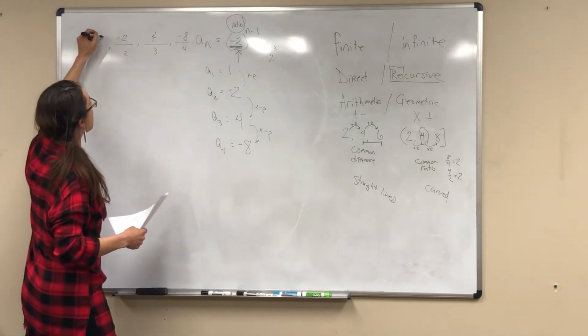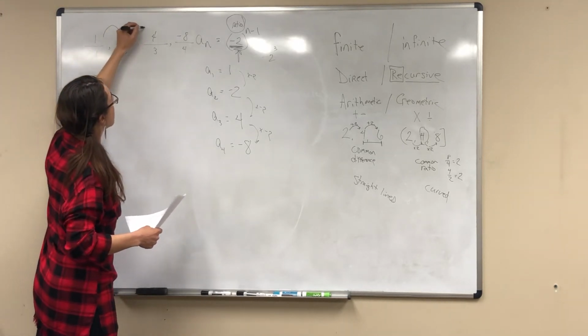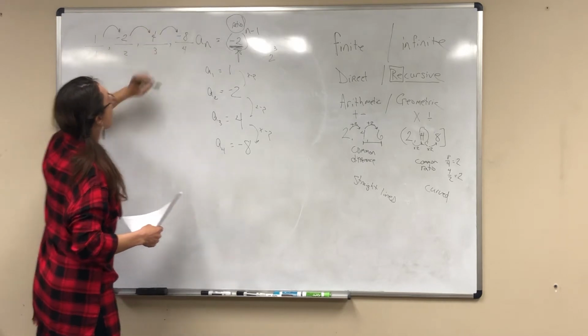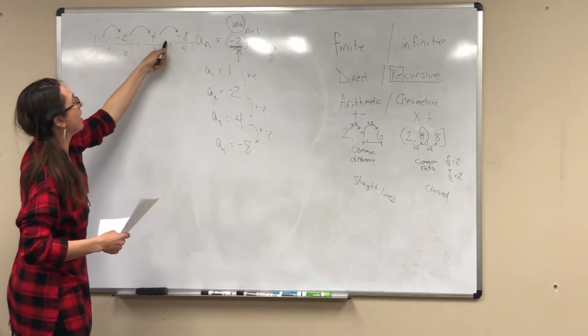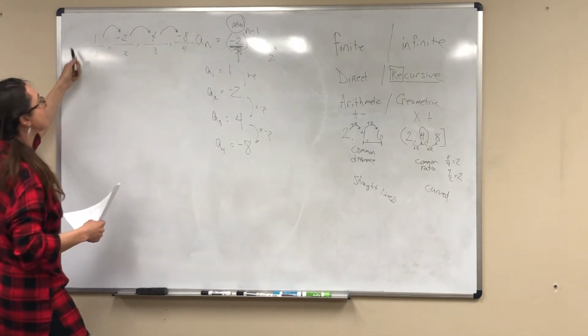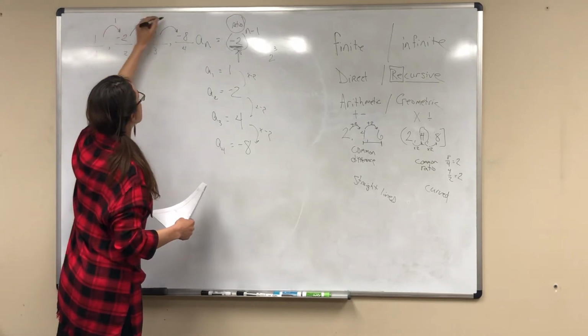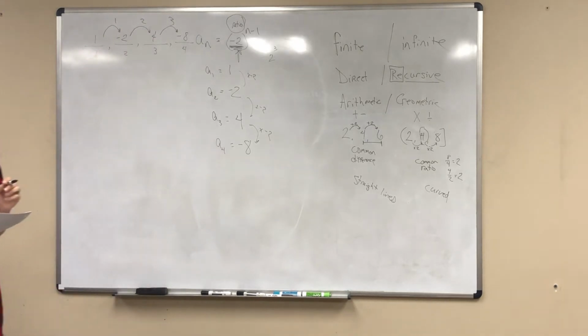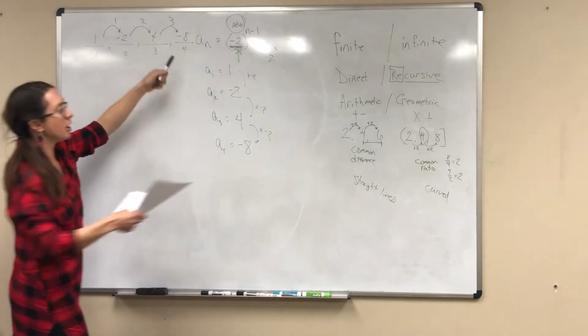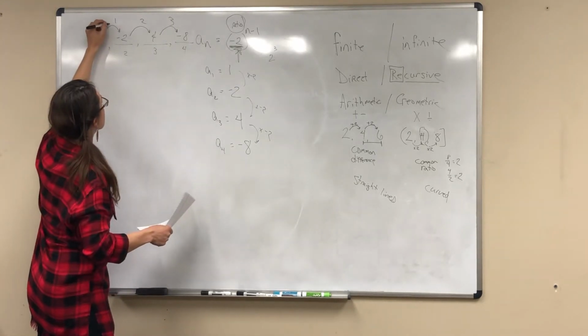How many times am I actually jumping, multiplying by negative 2? I have 4 terms but 3 jumps of this common ratio.